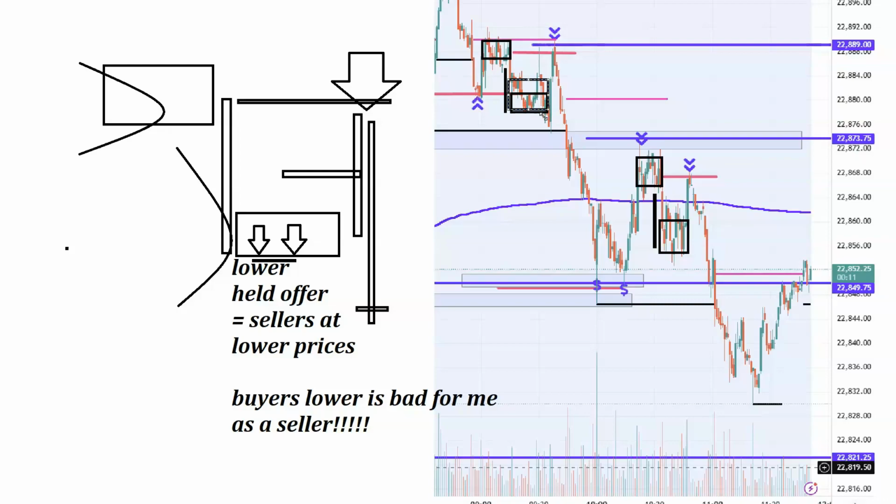The question I've got, actually, that makes the difference is, is there evidence of selling at lower prices, yes or no? That's all that I'm interested in. If there's evidence that there are sellers of lower prices, I am already actively watching this space here for sellable opportunities. That's all I'm interested in.